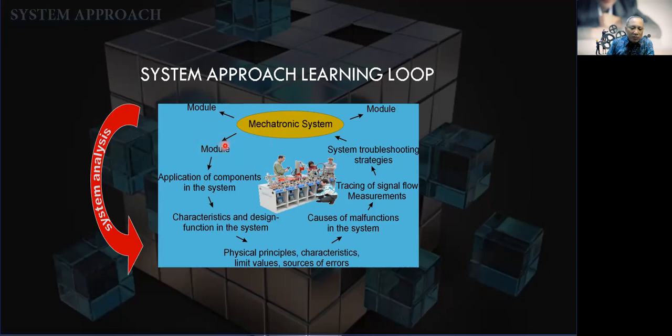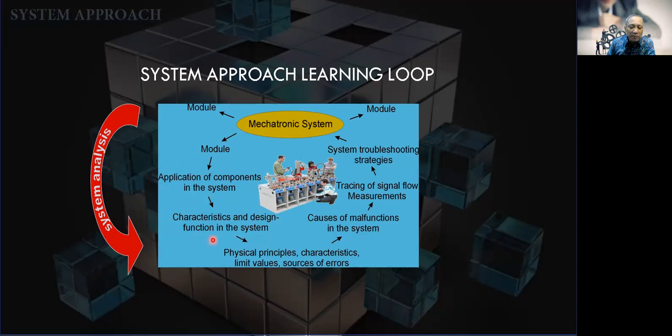Like I said before, probably a sorting station, an assembling station, a checking station, things like that. And for that module, we want to know the application of components in that system. If the system is for sorting, then it must have some kind of checking mechanism. Maybe there are some sensors, maybe some actuators to reject or to accept. So we know the characteristics or design of the function in the system.